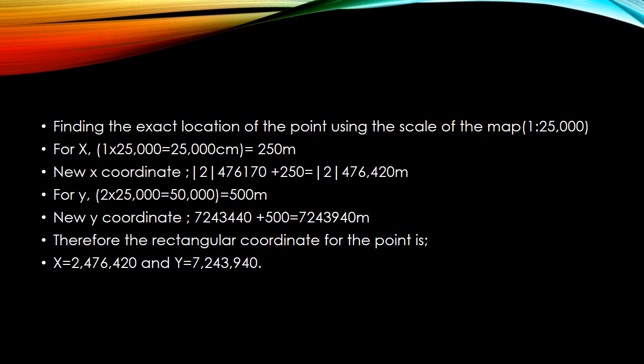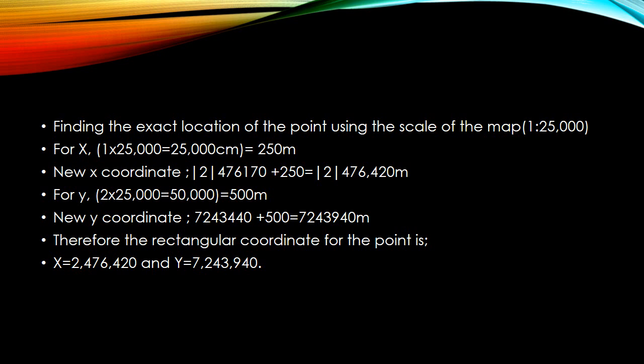Then you convert it into meters, which is 250 meters. Therefore, the new coordinate for x is the old coordinate plus 250 meters, which gives us 2, which is the zone, and 476,420 meters. That is our new coordinate for the x-axis.